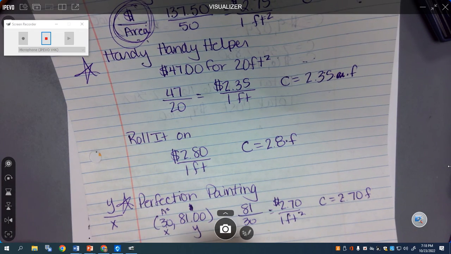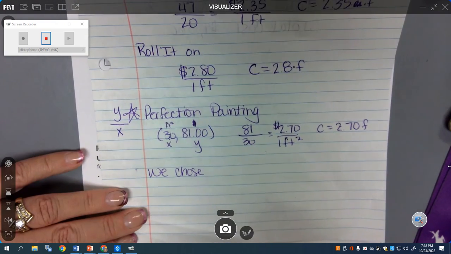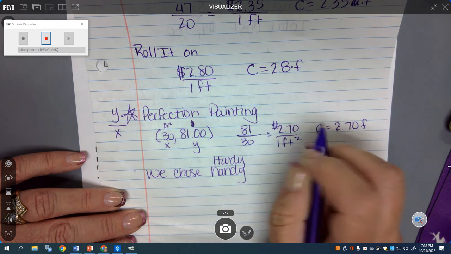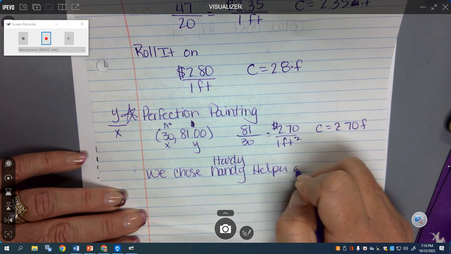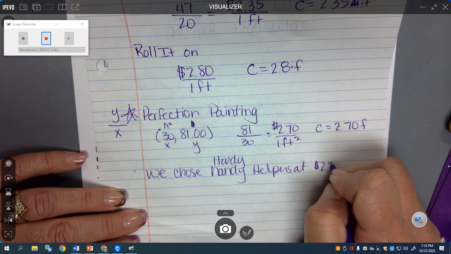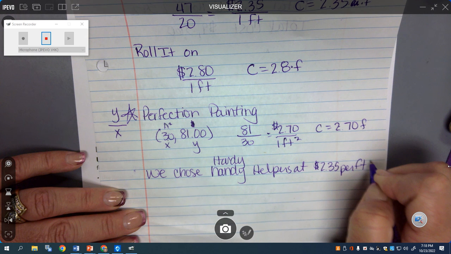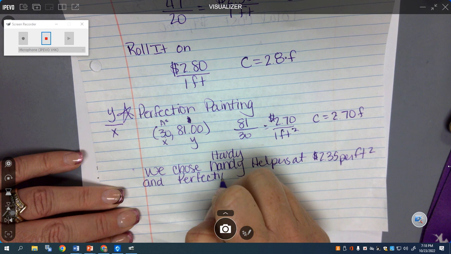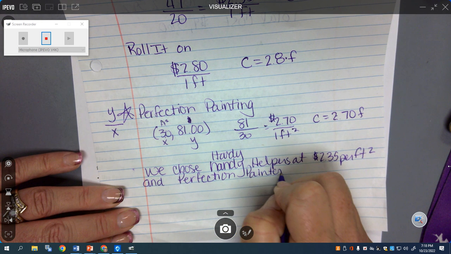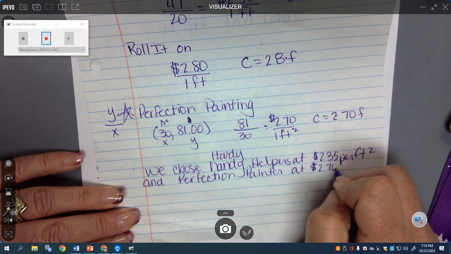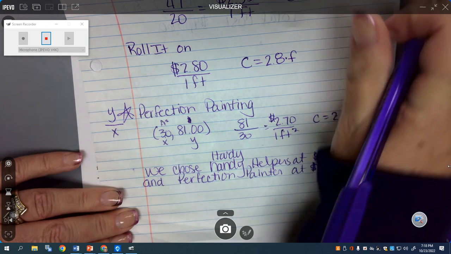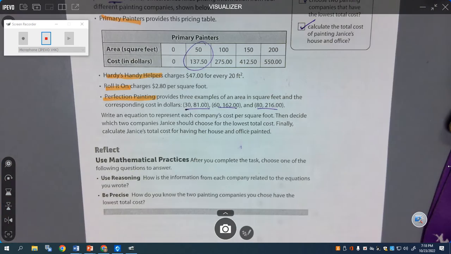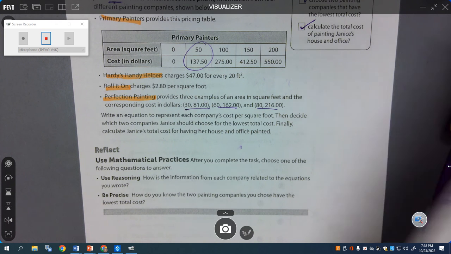We chose, I hope you guys can see this, Hardy Handy Helpers at $2.35 per square foot, and Perfection Painter at $2.70 per square foot. And by doing all of that, this is our total cost. All right, so we have all of our check marks done, and looks like we have an answer.